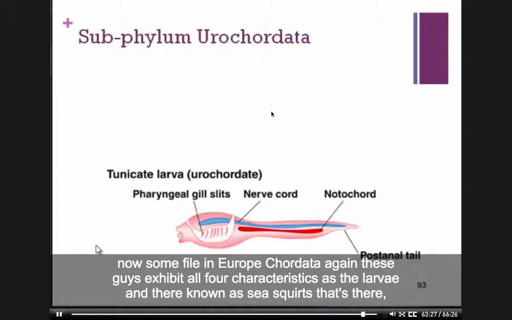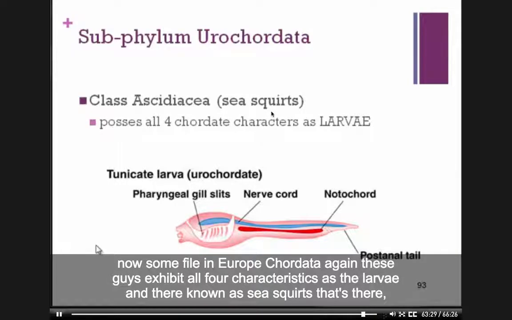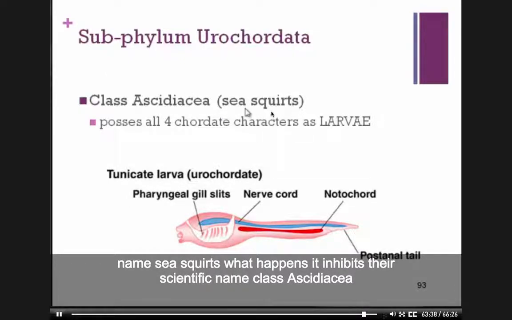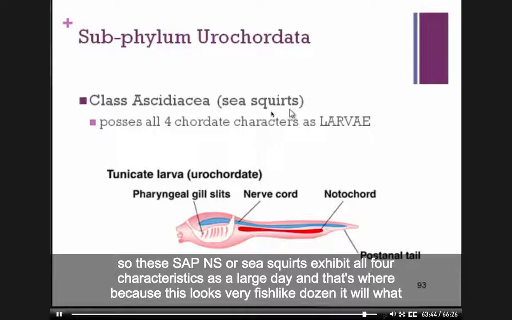Now, subphylum Urochordata, again, these guys exhibit all 4 characteristics as larvae, and they're known as sea squirts. That's their common name, sea squirts. And this is their scientific name, class Ascidiacea. So these ascidians, or sea squirts, exhibit all 4 characteristics as a larvae. And that's weird because this looks very fish-like, doesn't it?